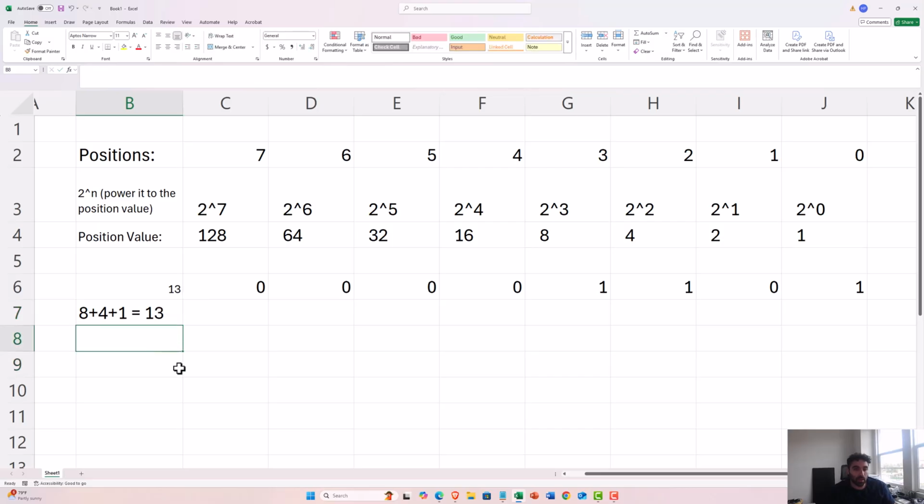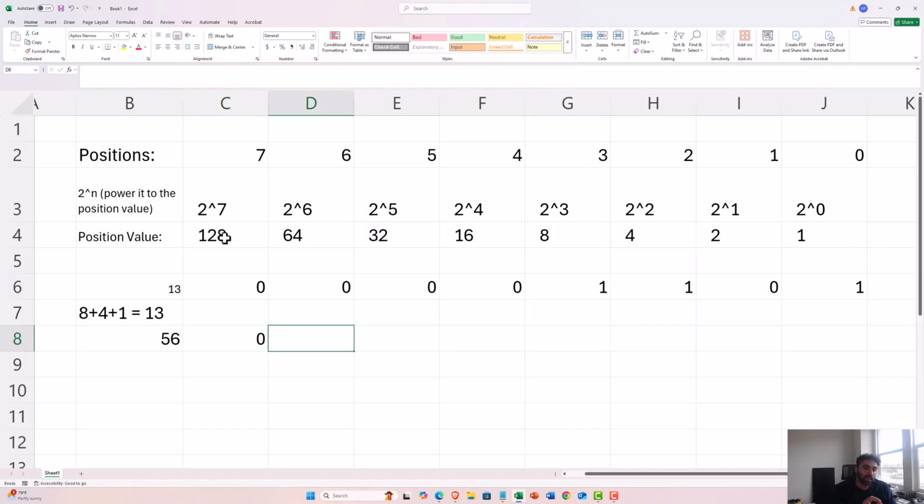Now, if we're talking about the number 56, let's say we want to convert the number 56. We take a look at the maximum value that 56 can actually be a part of. So because 128 is greater than 56, that'll always be a 0, right?